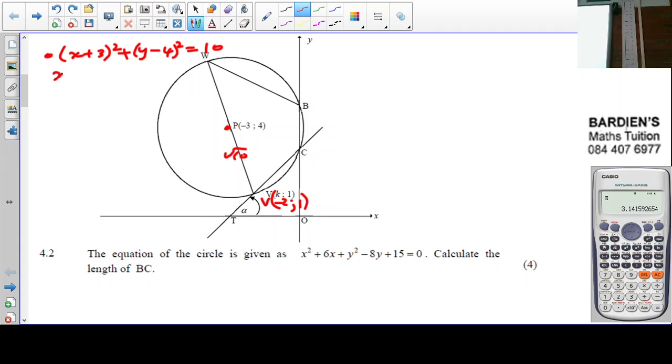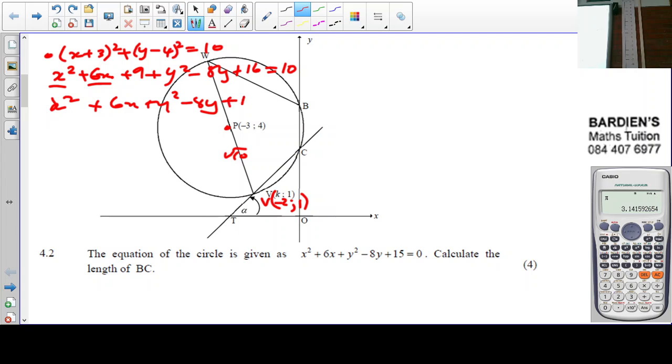If I multiply this out, I get x squared plus 6x plus 9 plus y squared minus 8y plus 16 equals 10. So that's going to give you x squared plus 6x plus y squared minus 8y. 16 plus 9 is 25, and 10 taken across gives us 15. So what they give us here is derived from the equation that we have.